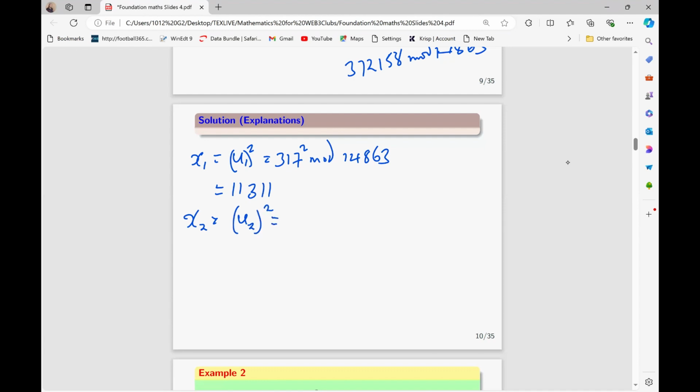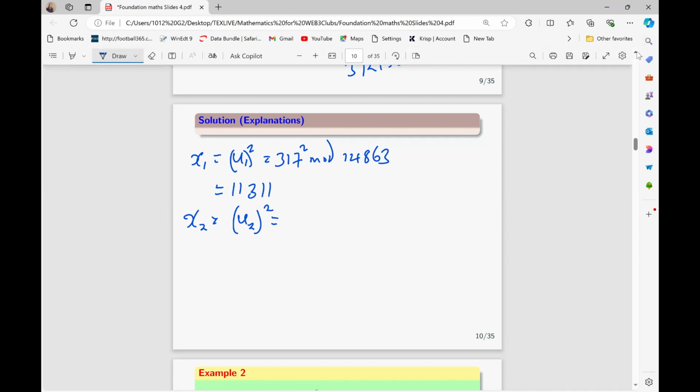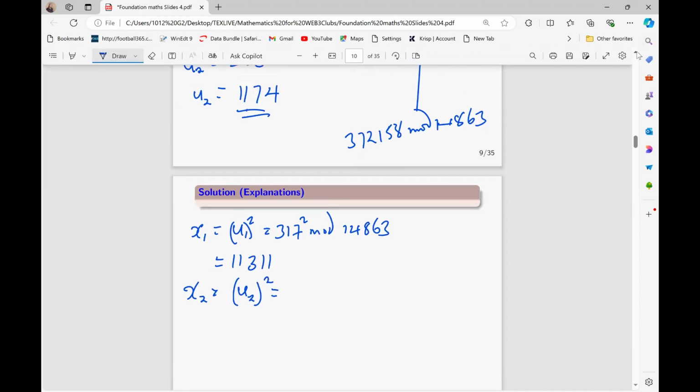Now get X2 by squaring U2, and U2 we had found to be 1174. And we are doing this mod 14,863.